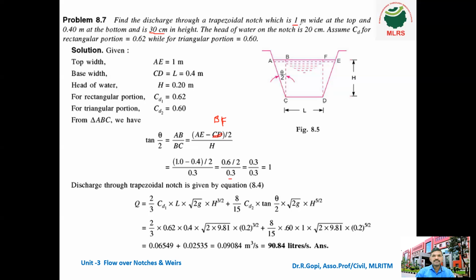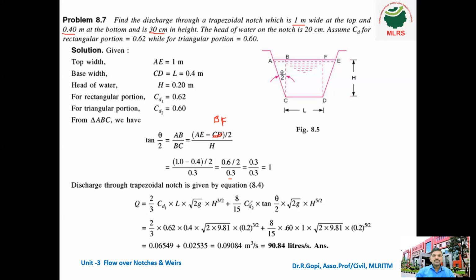AE is 1 meter top width, and BF is 0.4 meter bottom width, divided by 2, divided by BC, the height of 0.3. Finally we get tan theta by 2 equal to 1.